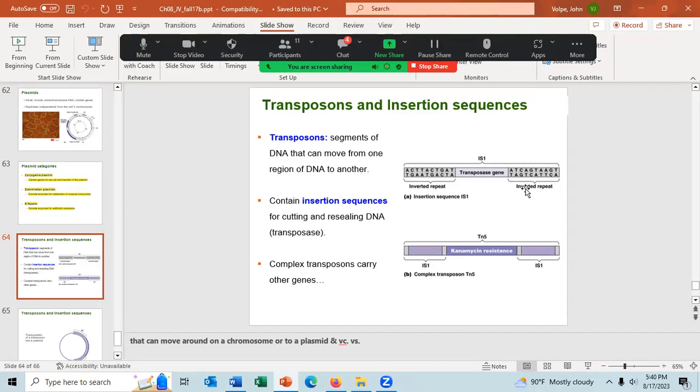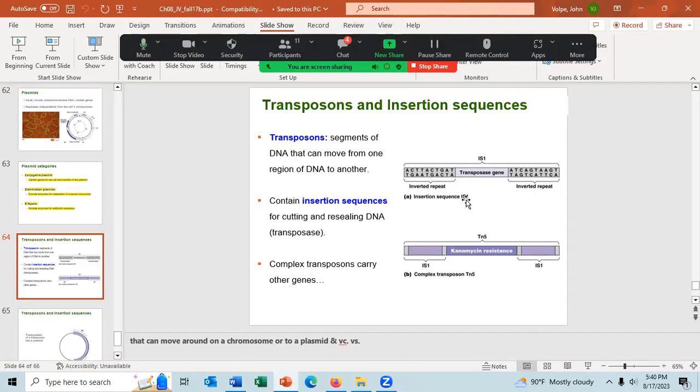And then it comes to another location and cuts the DNA so the transposon can move in that new location. The inverted repeats help the DNA to insert itself in a new location.